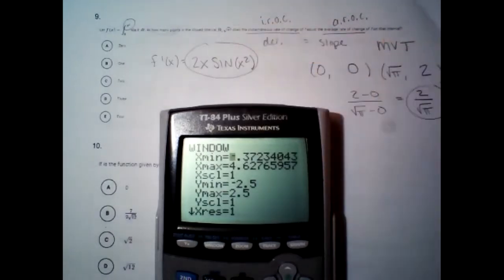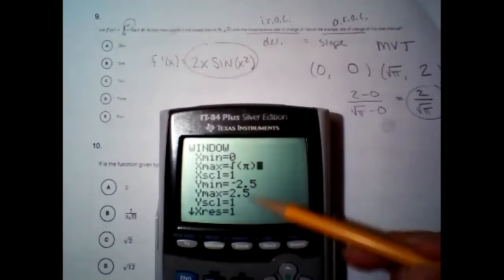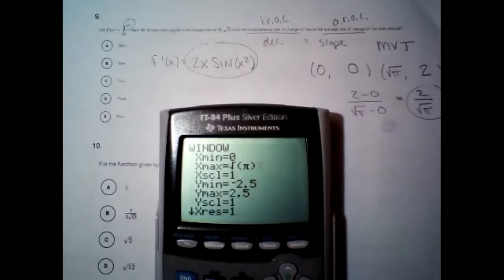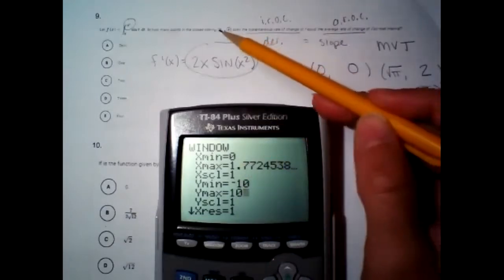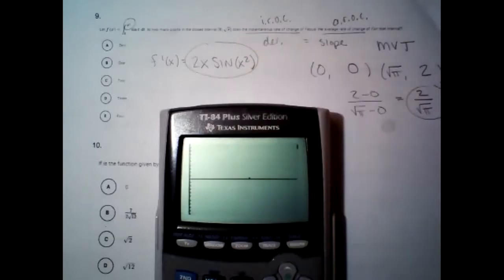So our interval should be from 0 until square root of pi. I'm not really worried about what the y's are. I'll just leave those -2.5 to 2.5 right now. I mean, you know what, I'll change it back to standard. We can do -10 to 10. That doesn't really matter as long as we can see the intersections. I just need the x's to be this 0 to square root of pi.